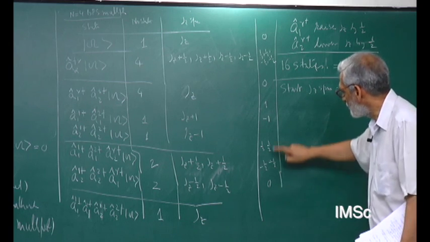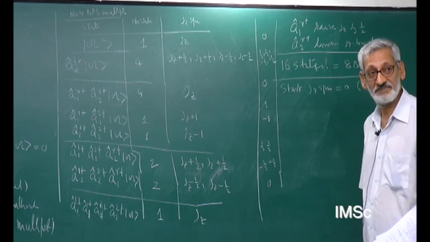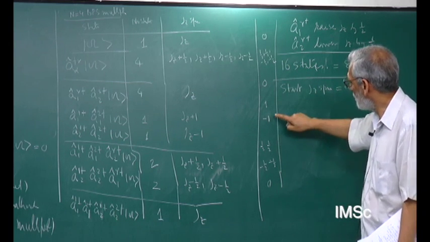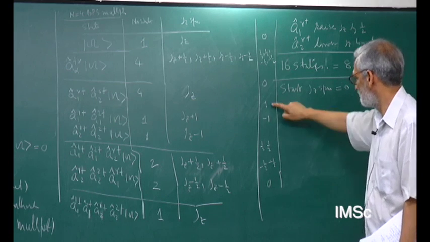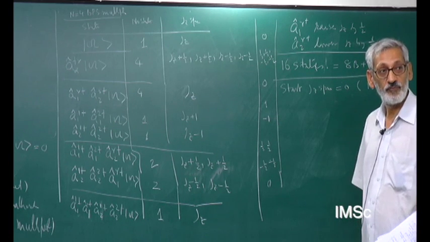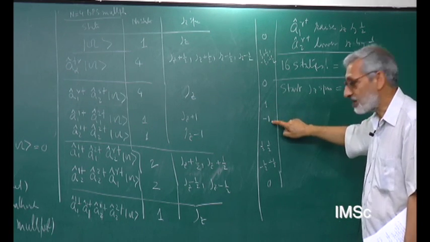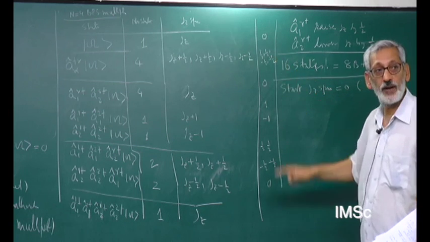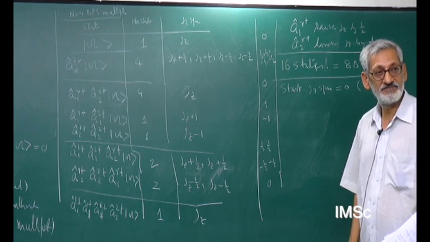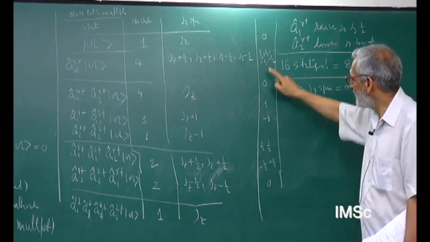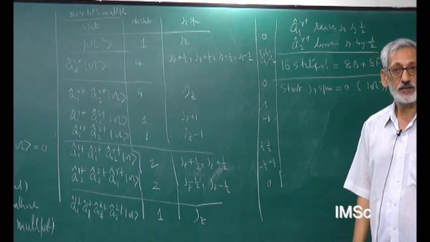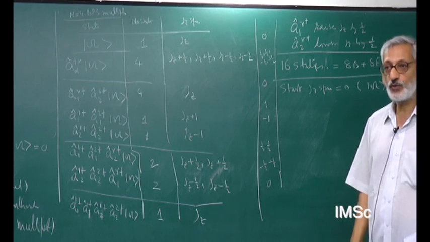So I have 3 zeros. I have 1 plus half and 1 minus half. Plus half minus half with 1 zero will make a massive vector. The other 2 zeros will be scalars.